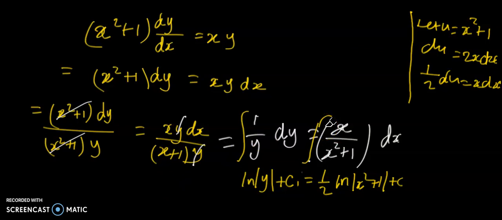Remember, we have some constant c1 somewhere, and now we have this supposed to be c2, but then we can rewrite this so that our final solution becomes ln of y equals a half ln of this u, which is x squared plus 1, plus some constant c, and this is our implicit answer.